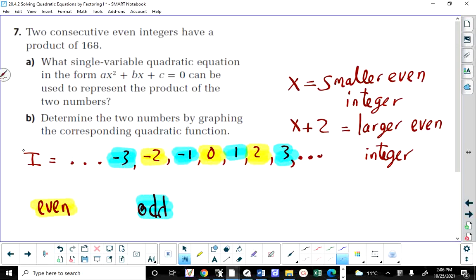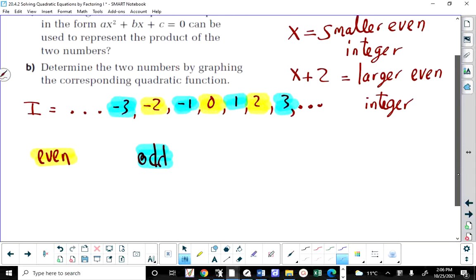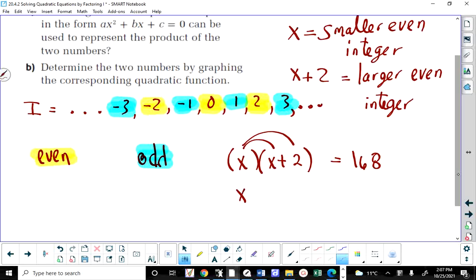Now, what are we told about them? We're told they have a product of 168. Okay, that means that the smaller times the bigger, or the product of x and x plus 2, is 168. If I distribute that x by multiplying by x and 2, I get x squared plus 2x.